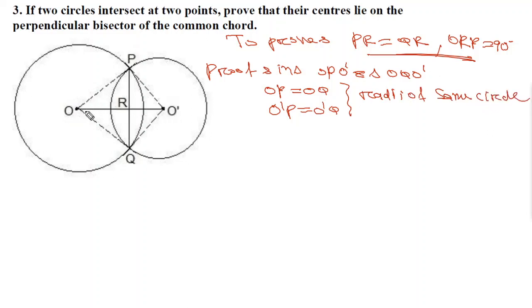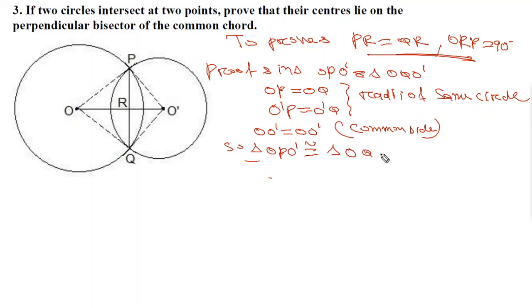Again, OO dash is common for both triangles. OO dash is equal to OO dash, reason: common side. Now you can see three sides of one triangle are equal to three sides of another triangle. So triangle OPO dash will be congruent to triangle OQO dash.